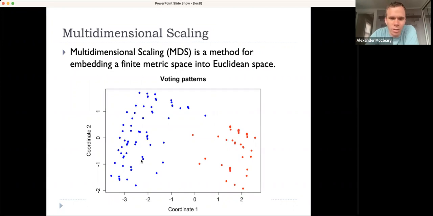We can see that if two points are close together, then we can assume that those corresponding senators vote very similarly. If two points are very far apart, we can assume they vote far apart. And we can see that there are certain clusters here. For example, there are really two main clusters with some sort of bridge in between.